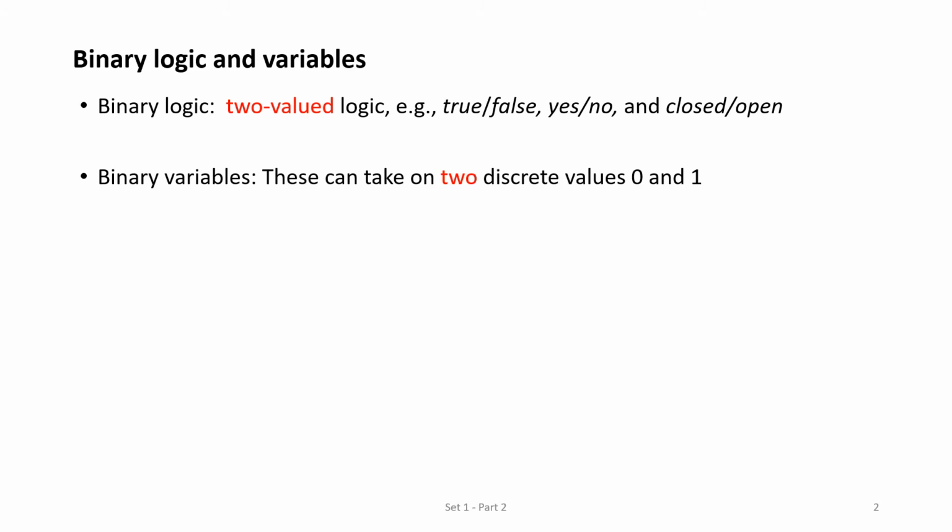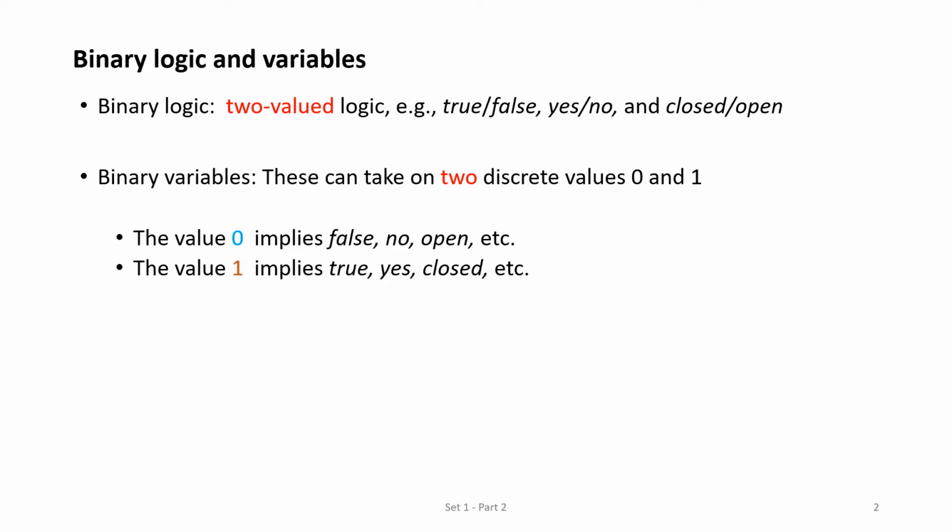Binary variables are variables that can take on two discrete values, 0 and 1. The value 0 implies false, no, open, etc. On the other hand, the value 1 implies true, yes, closed, etc.